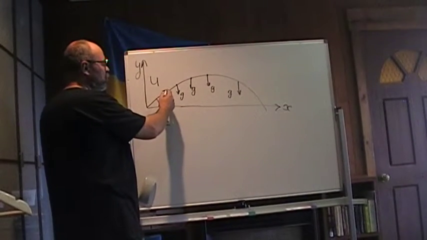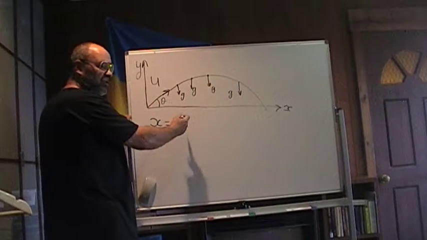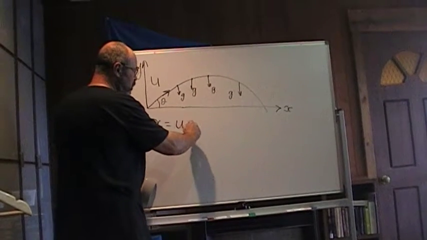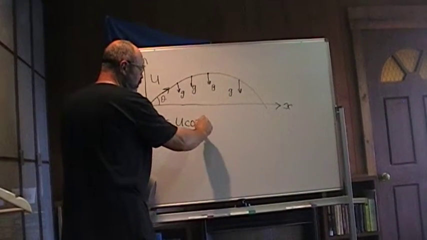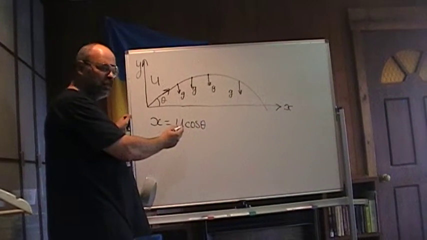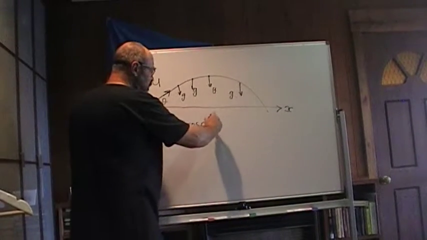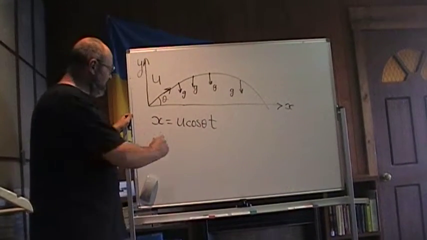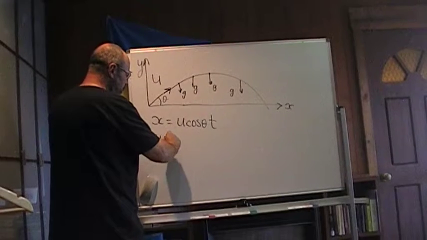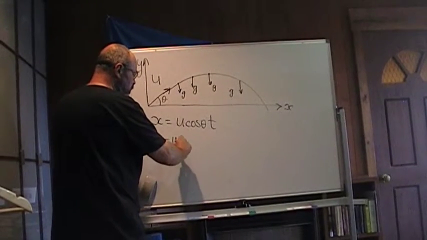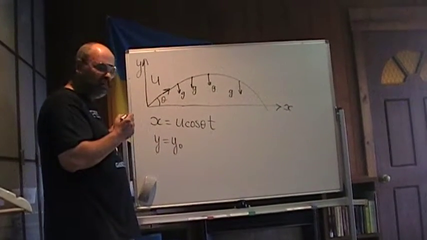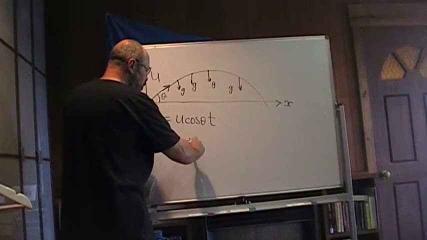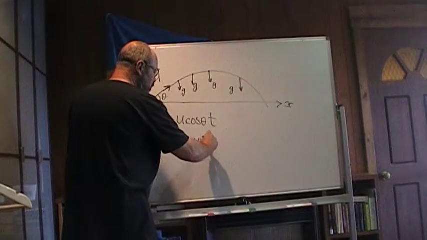So the resolution of the velocity in the horizontal will be u cos theta, and the position of the object at any given time will be u cos theta times time. In the vertical direction we often need to take the initial position into account, plus u sine theta t.